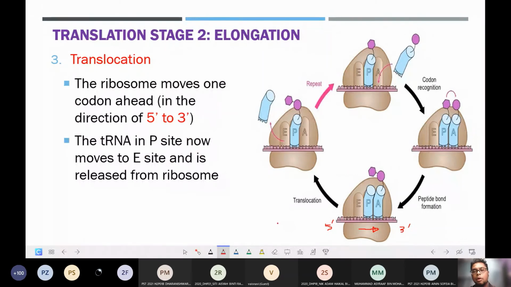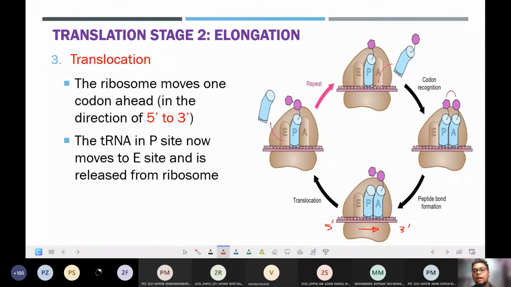When the ribosome moves one codon ahead, we can see that the tRNA that is originally in the P site is now transferred to the E site. Can you see this particular blue structure, without any amino acids?